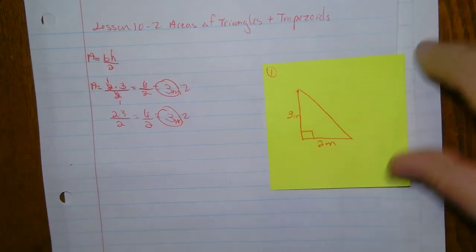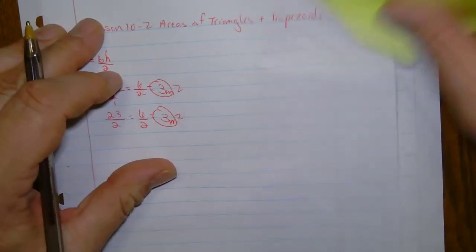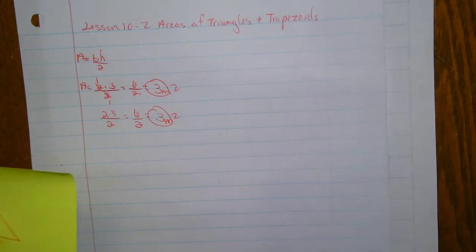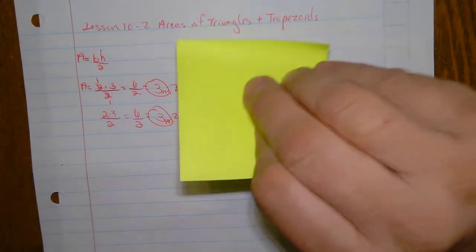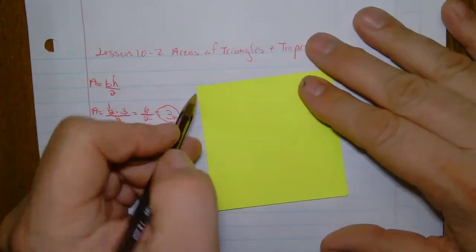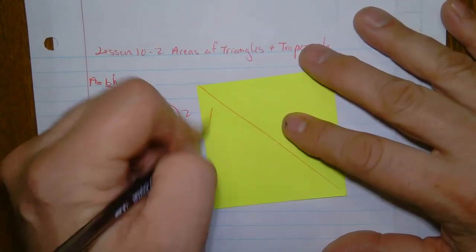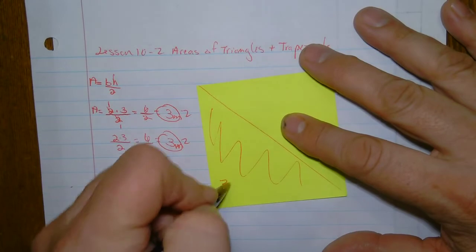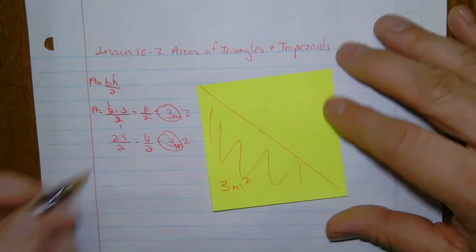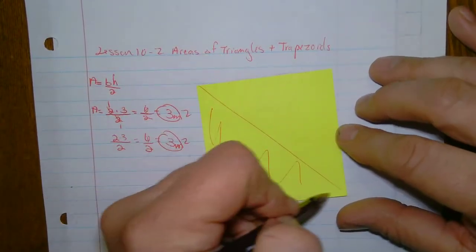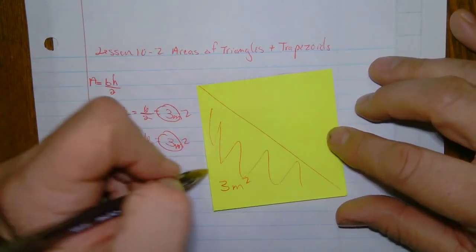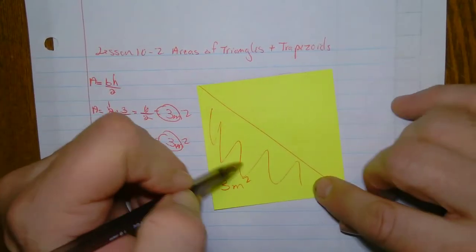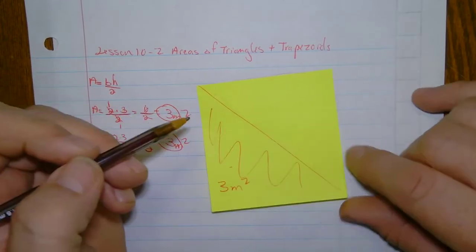Now, let's go back and do a what if. What if this whole triangle area was 3 meters squared? How much is the whole shape then? Yep, you got it. 6 meters squared, because a triangle is exactly half of a parallelogram.